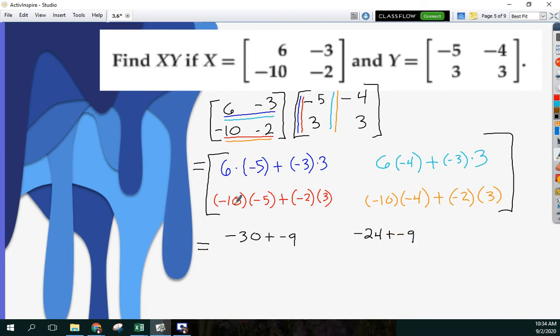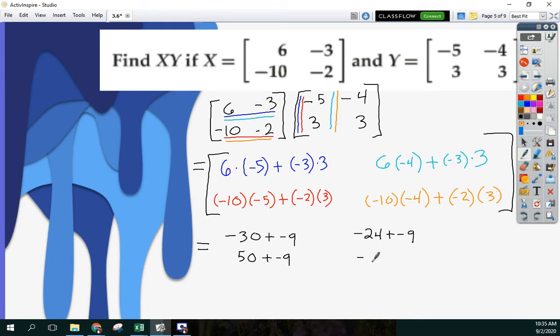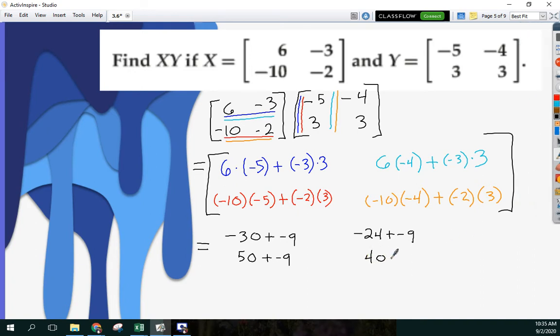Then here I have negative 10 times negative 5, which is going to give me a positive 50. And then I'm going to add a negative 9. On our second row, second column, it's going to be positive because we have a negative times a negative. So positive 40 plus a negative 6.